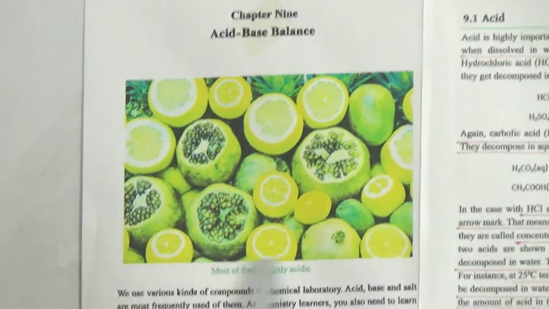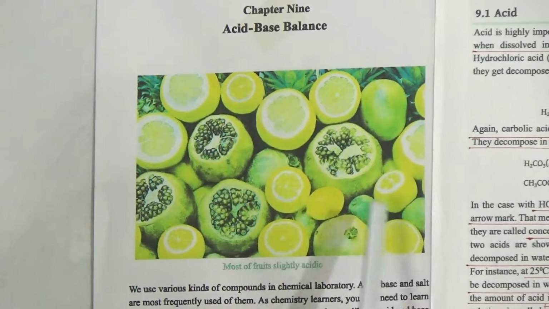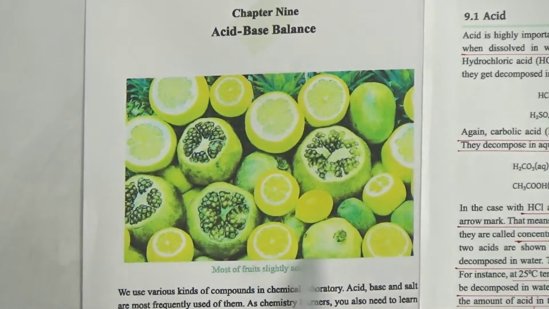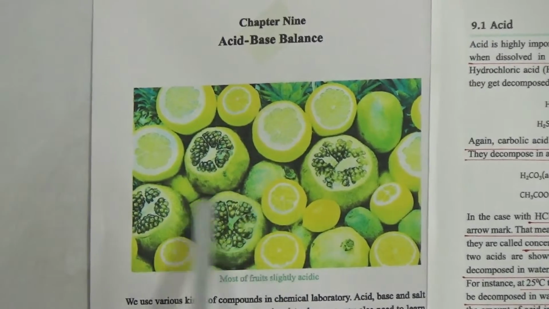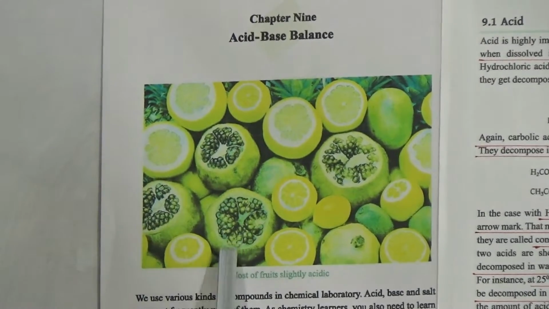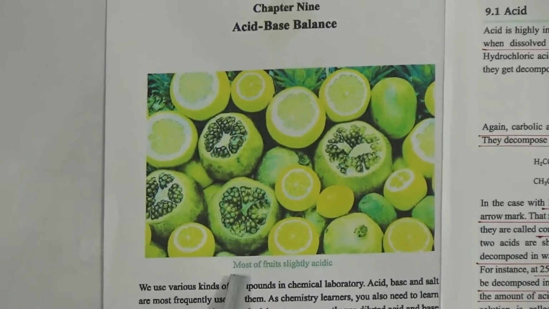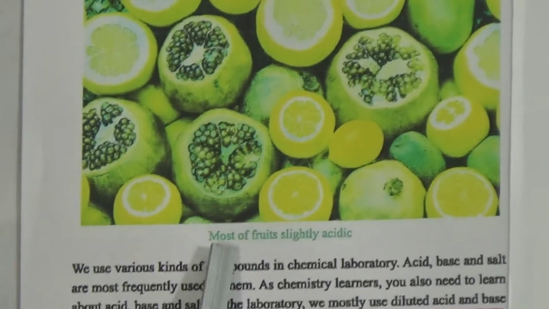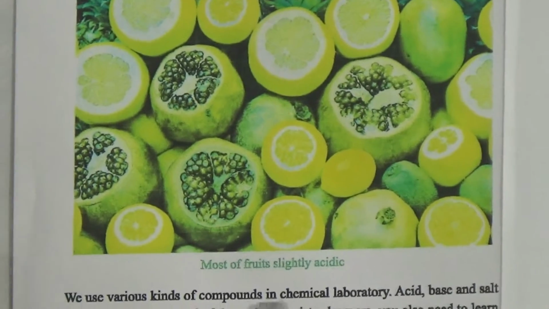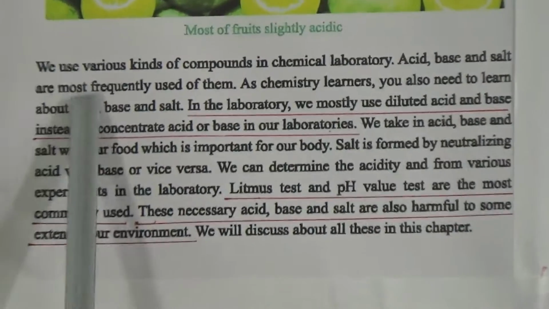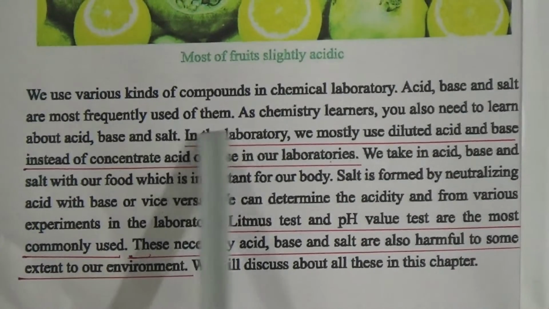Look, here are different types of fruits. These fruits contain organic acid because they taste sour, and that means all the fruits which taste sour have some acid. We use various kinds of compounds in the chemical laboratory. Acid, base and salt are the most frequently used of them.